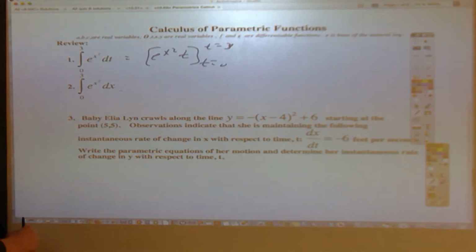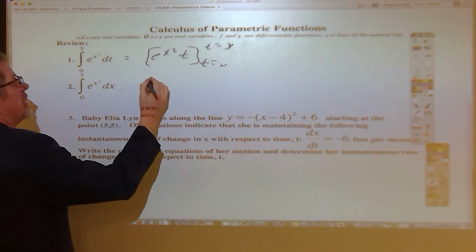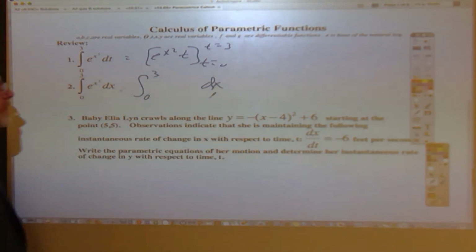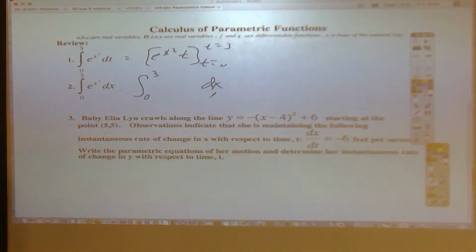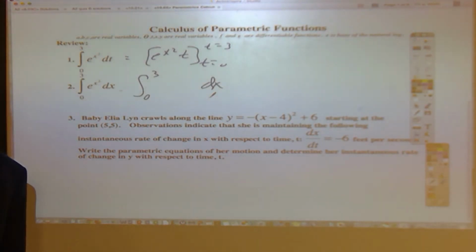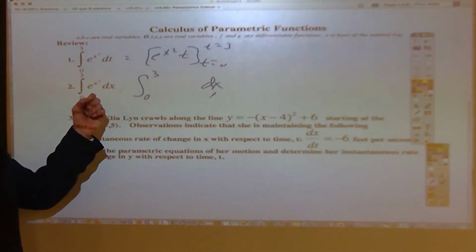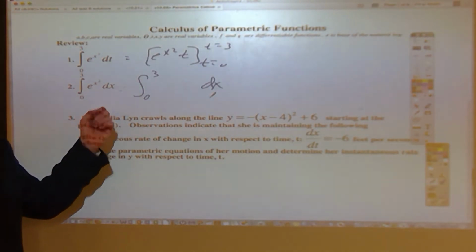Whereas if it's e to the x squared with respect to x, now we're talking about a situation in which we have to do what? Who recalls how to approach the definite integral when we don't have a mismatch? What's one word that comes to mind for where to go to move forward on this?